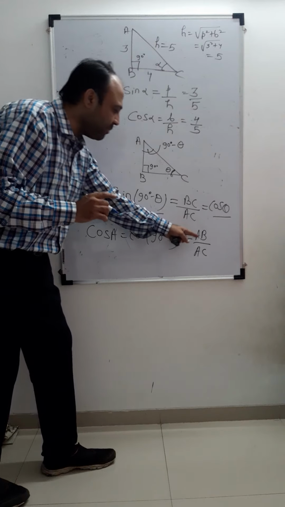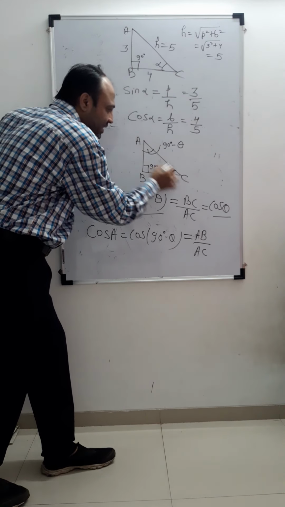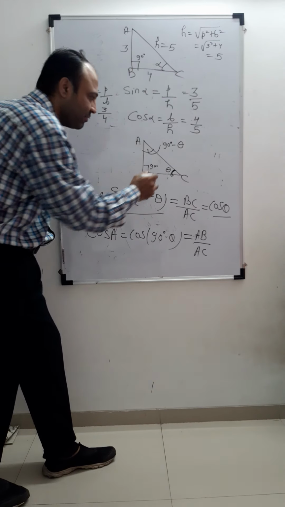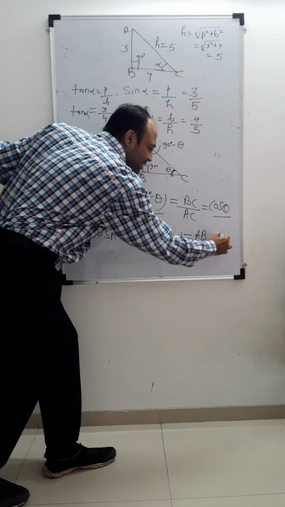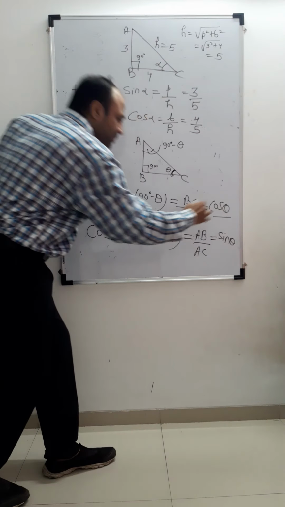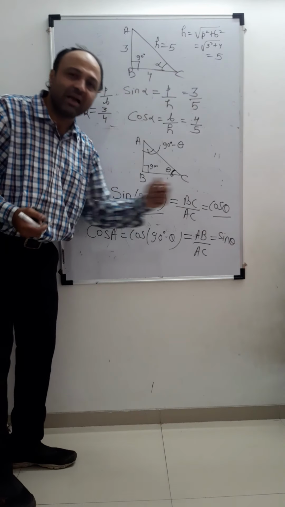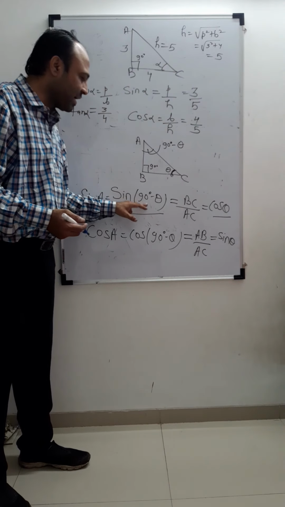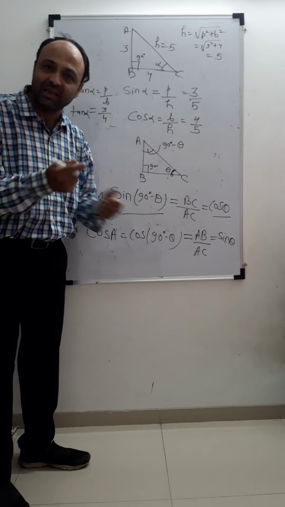Now AB upon AC, for this theta, is perpendicular upon hypotenuse, which is sine theta. So cos 90 minus theta becomes sine theta. If sine 90 minus theta becomes cos theta, cos 90 minus theta becomes sine theta.